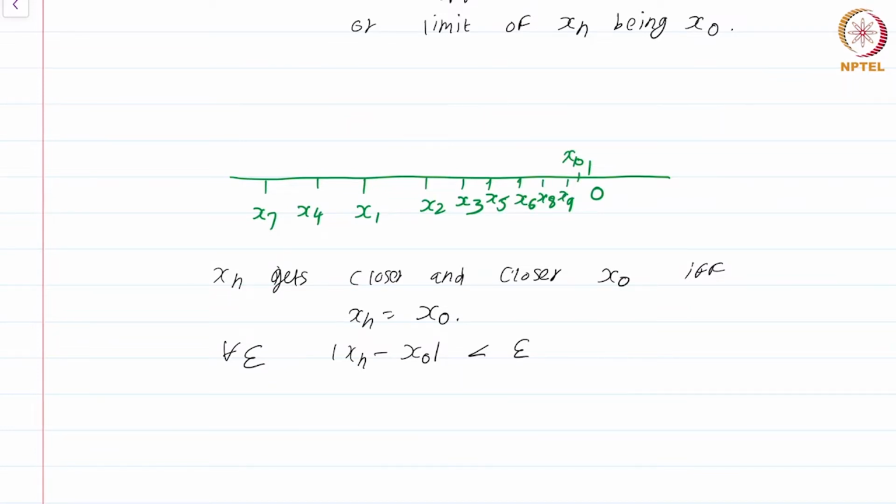So what this is essentially saying is that you provide the ruler or the least count or the closeness or the level of approximation that you desire, then I am able to provide for you a value of n such that beyond that n, all the terms in the sequence satisfy that level of closeness or that level of approximation.